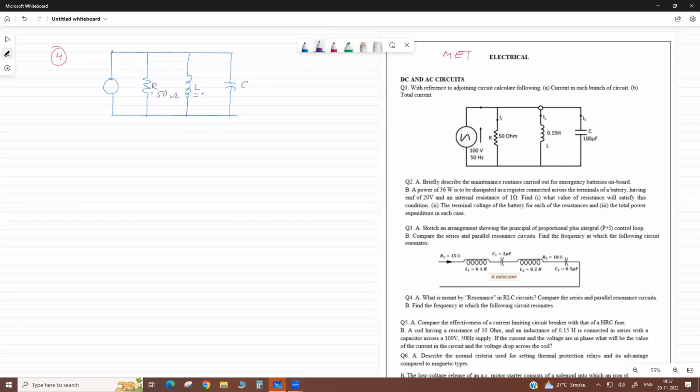L is 0.15 Henry. This is 100 microfarad. Okay. Now here AC source is there. It is 100 volt, 50 hertz supply.